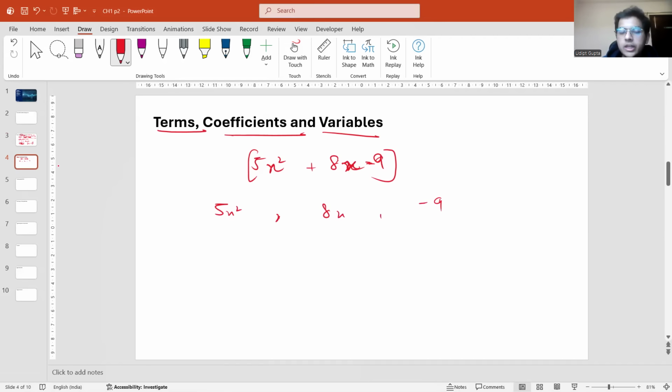What is a coefficient? A coefficient is plus 5 and plus 8. These are the coefficients. What are the variables? X is the variable because there is only one variable. Squaring is just putting an effect on X. That's it. X is a variable.